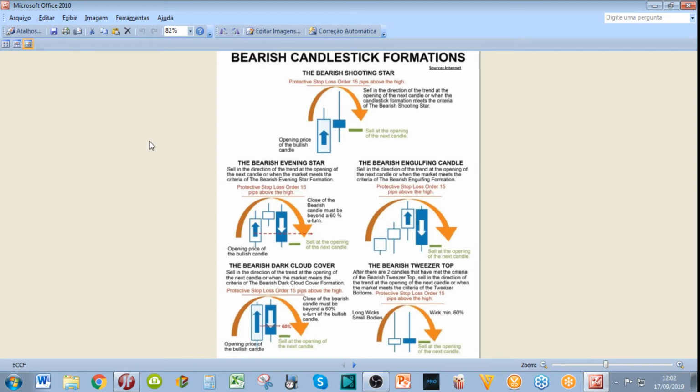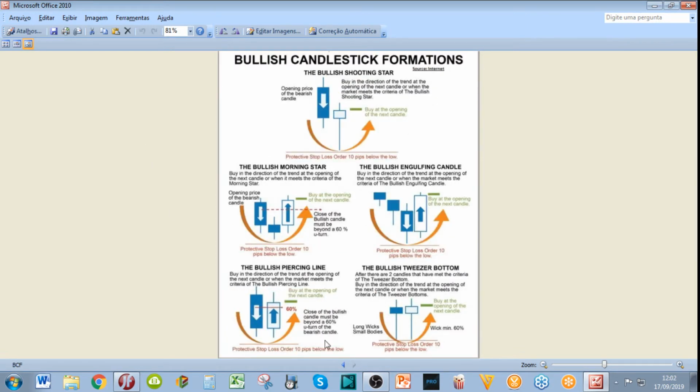So take a screenshot of this, we have bearish candlestick formations, and then take a screenshot of this, we have bullish candlestick formations, and type in the chat done when you're ready. Type done so we can move forward.